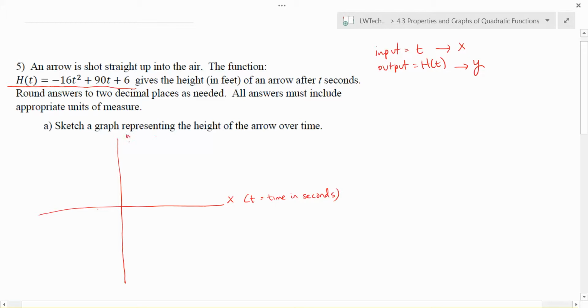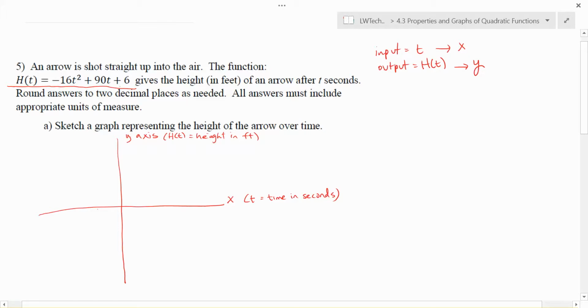This up here is the y-axis, and in our case that means that we're looking at the height, which was being measured in feet. So those are going to be the axis labels and the variable pieces that we're going to be using as we go through and talk about our input and output in figuring out these key characteristics.